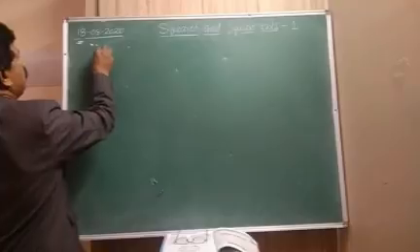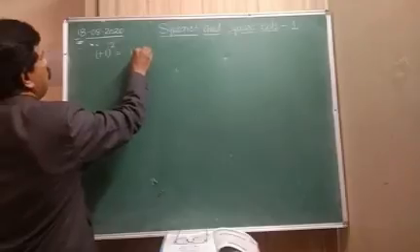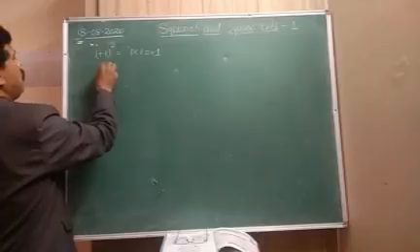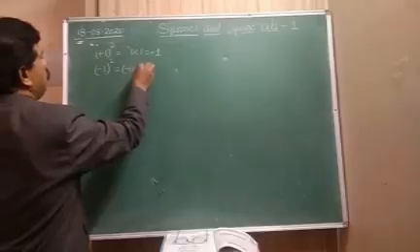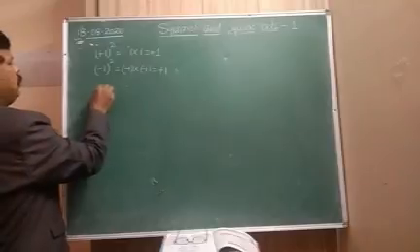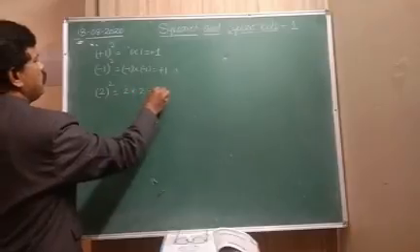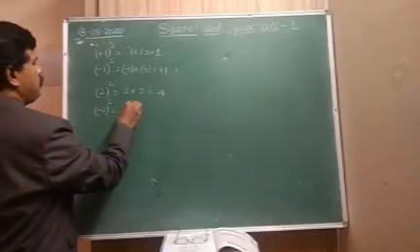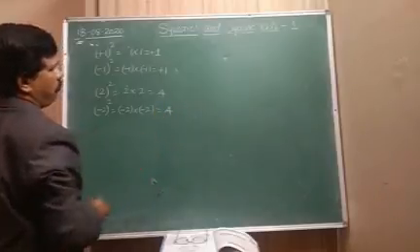Now look at this. Plus 1 square is what? 1 into 1 is 1. Plus 1 only. Similarly, minus 1 whole square, that is minus 1 into minus 1, that is plus 1. Clear? So 2 square is 2 into 2 is 4. Then minus 2 whole square is minus 2 into minus 2, that is also plus 4.